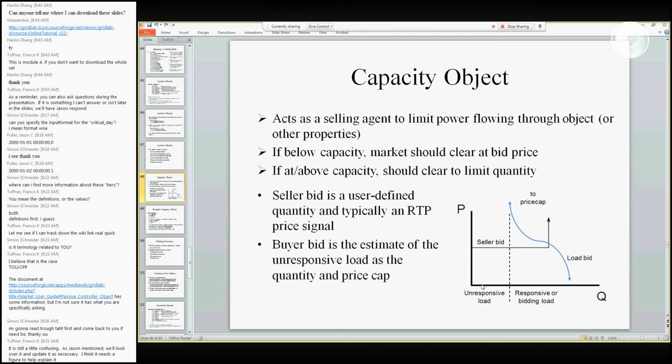Now this can be either, again, I keep using substation because it's a fairly natural place to do it, but you could do it on a much smaller scale. So you could, for example, do it at a residential customer transformer that only has 15 customers on it. They could participate in a small market that uses that transformer as the capacity market, and then basically try to limit the amount of power flowing through that transformer.